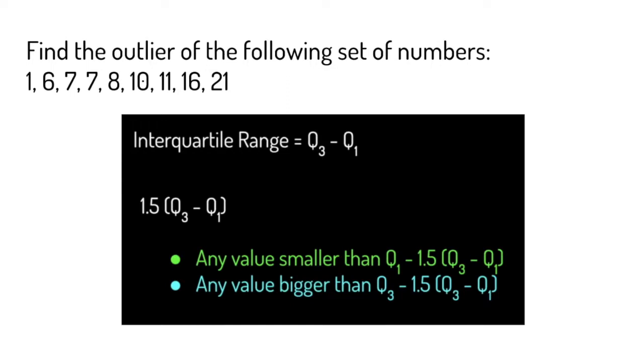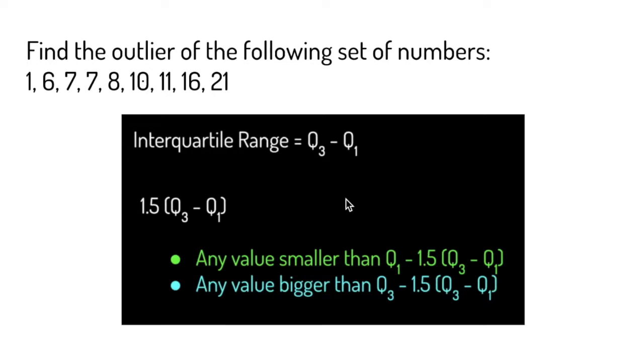I hope you remember from the previous video that the interquartile range is Q3 minus Q1, and you need to get the value of 1.5 times the interquartile range. Here, this value should be Q3 plus 1.5. This is my error. Remember that it is Q3 plus 1.5 times the interquartile range to find the value of the outlier.